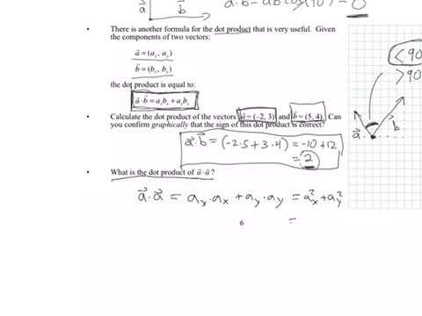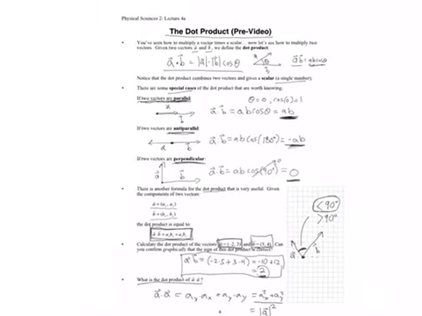Another way to write that is the magnitude of A vector squared, or just A squared. So sometimes you'll see an A vector squared, and the definition of that is AX squared plus AY squared. So that's an introduction to the dot product, and I hope it was helpful.